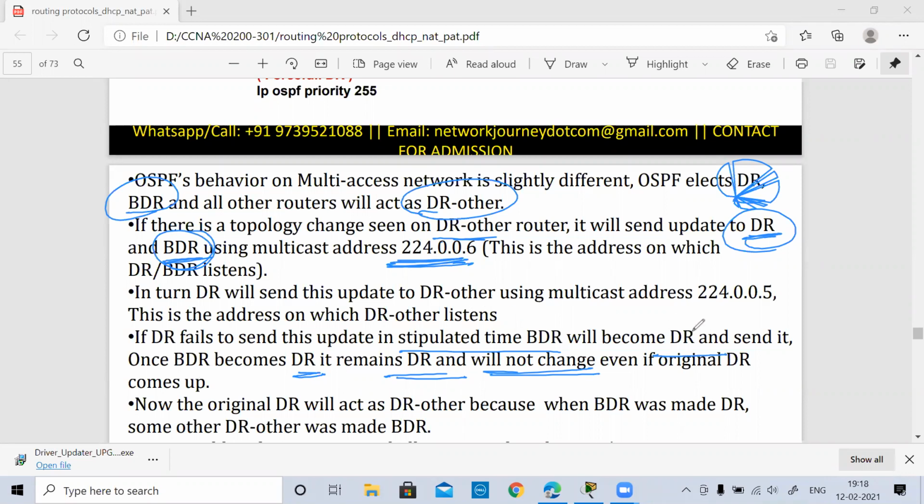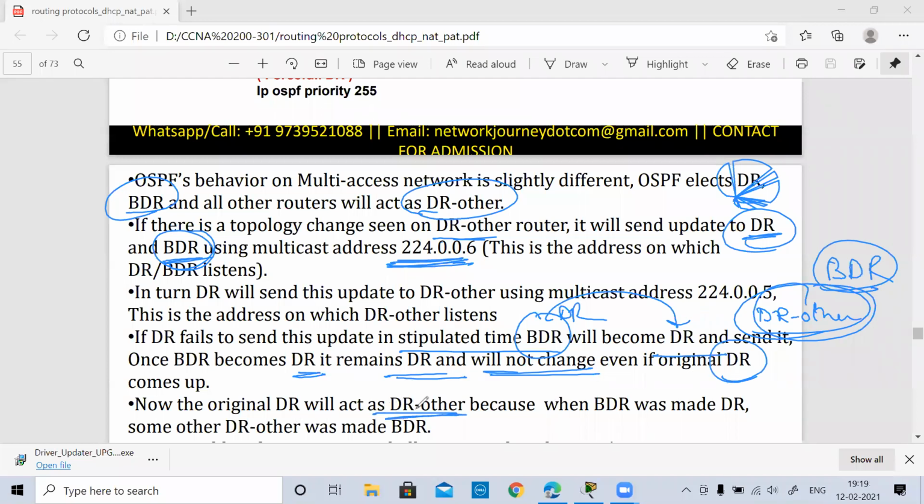By the time when the BDR turned out to be DR, there were some DR others, and a third router became the BDR. So this became DR, and some DR other became BDR. Very obviously, the role which is left for the one which had failed is to go inside the DR others group. So the original DR will now act as a DR other, because when the BDR was made DR, some other DR other was made BDR. This is how the processes are happening.